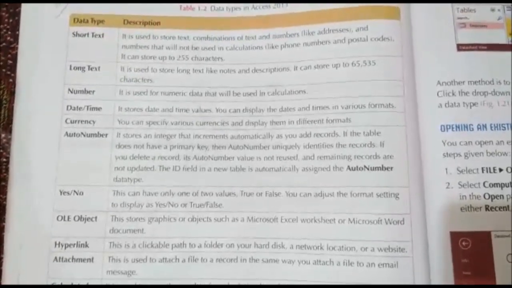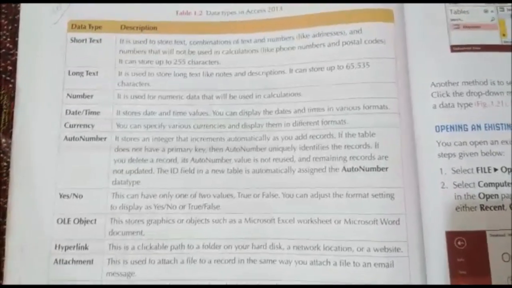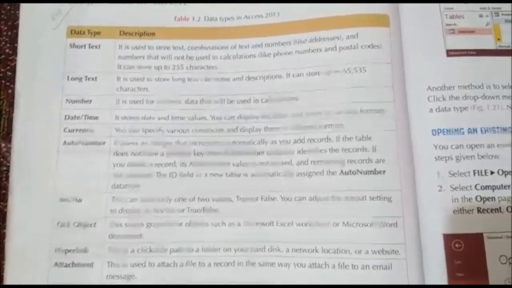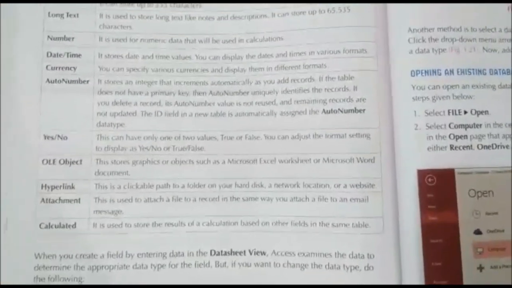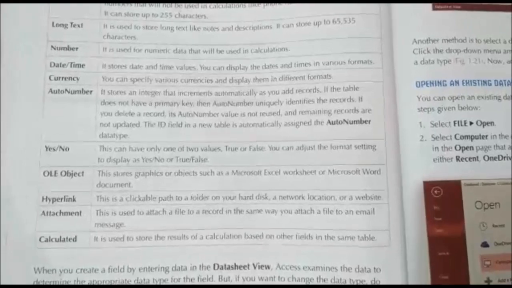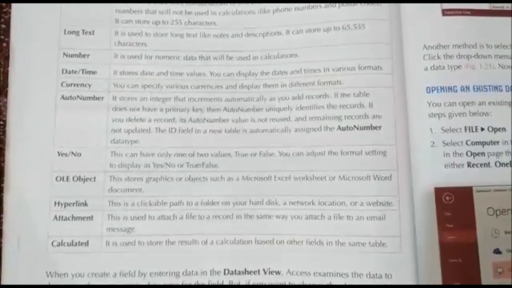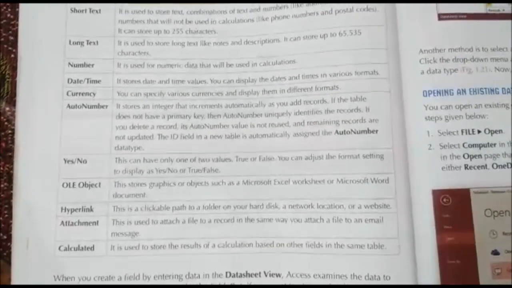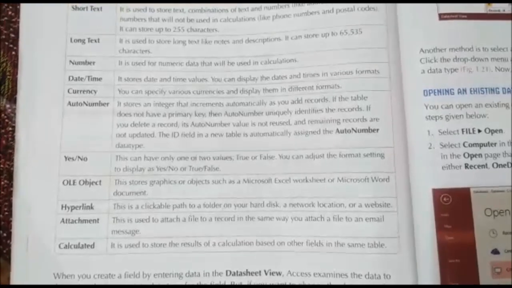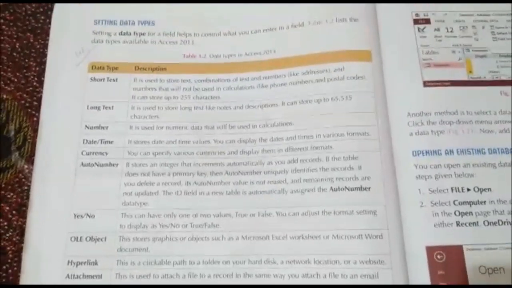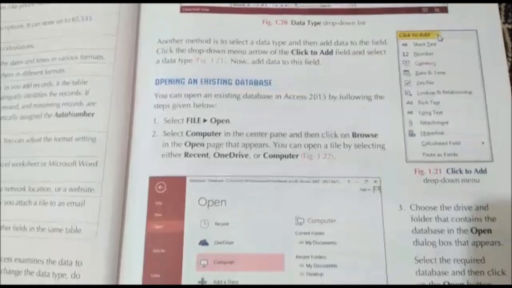You can select the auto number, so a primary key can add the numbers in sequence. Yes or no. OLE object is a kind of file or document you can attach. Hyperlink, attachment, and calculated. These are all the data types of a database.